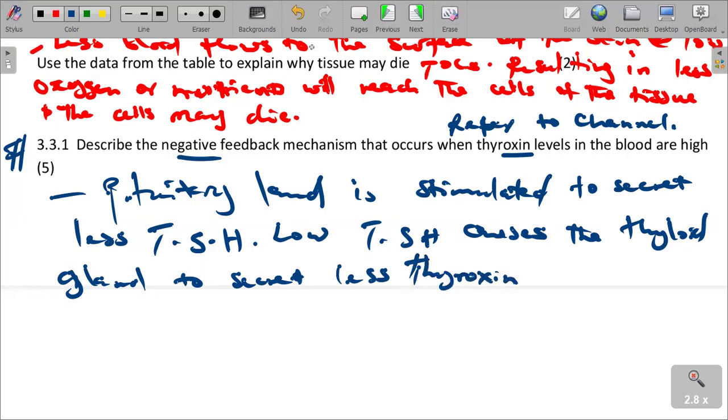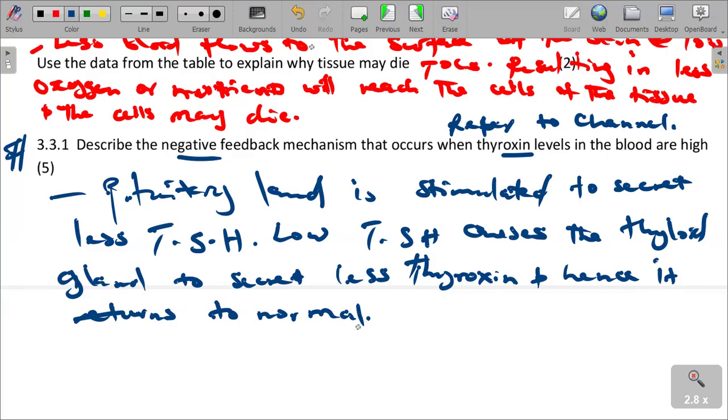Less thyroxine is secreted, and hence it returns to normal.